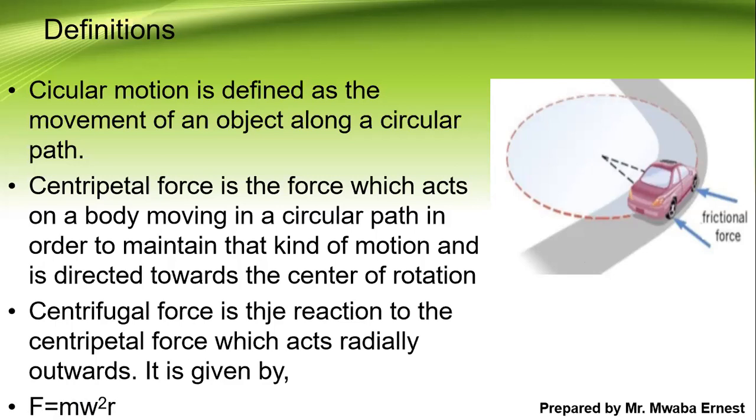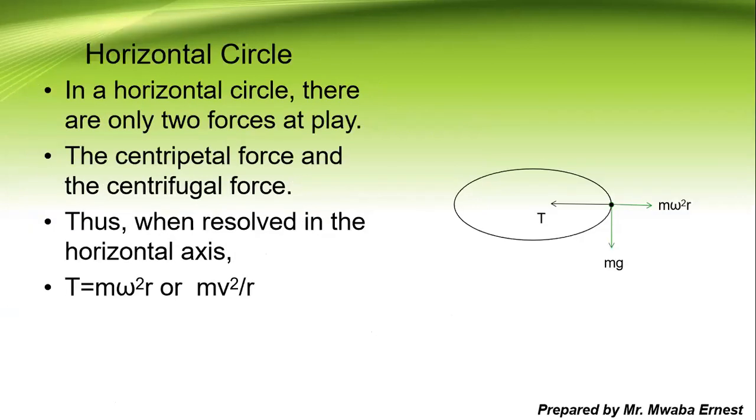Let's start with a very simple application of this, which is in a horizontal circle. In a horizontal circle, you have, first of all, 3 forces that could be at play. These include the tension, the centrifugal force, and the weight. The tension, that is for a case where this is anchored at the center.